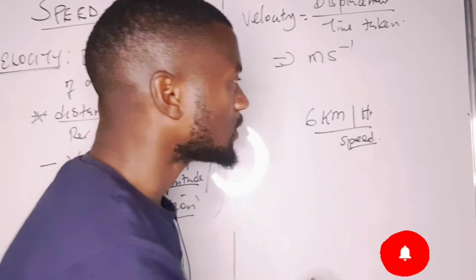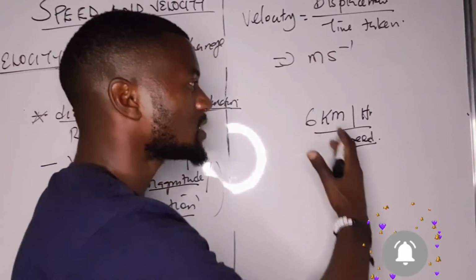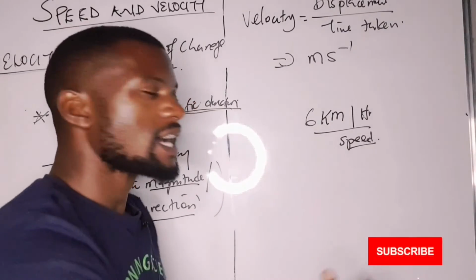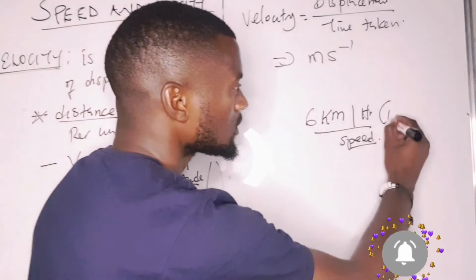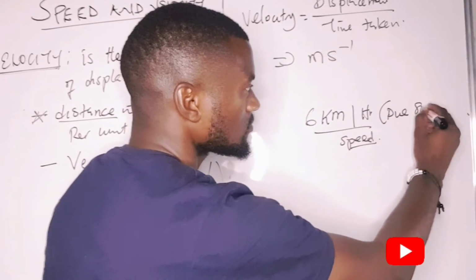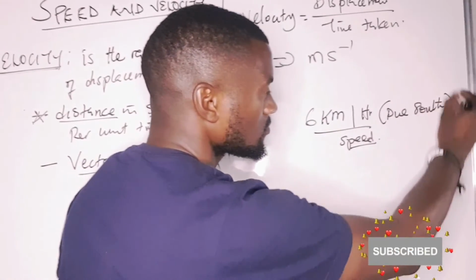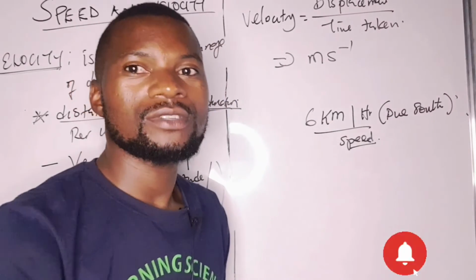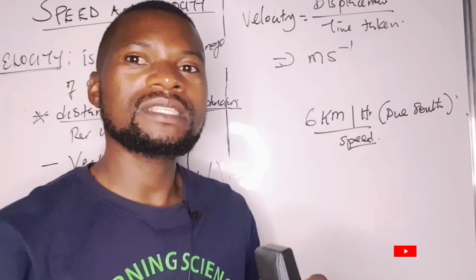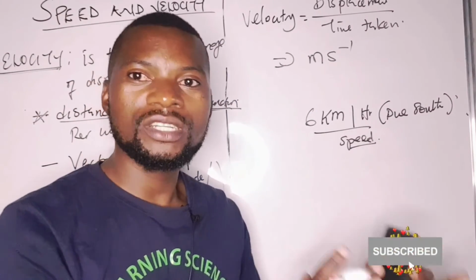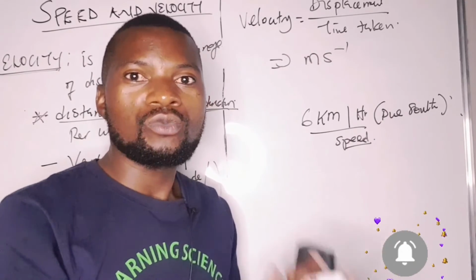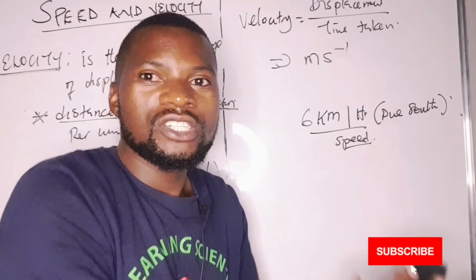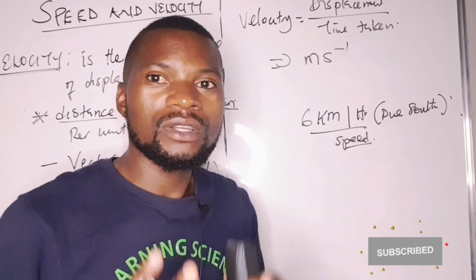Now, if we say this particular object is moving at 6 kilometers per hour due south, then that is velocity, because we have specified a certain direction to which the object is moving. Once you specify a direction, it means you are talking about velocity.